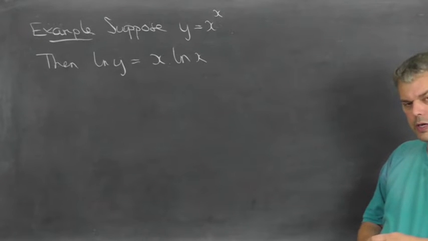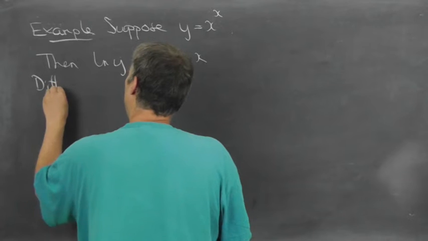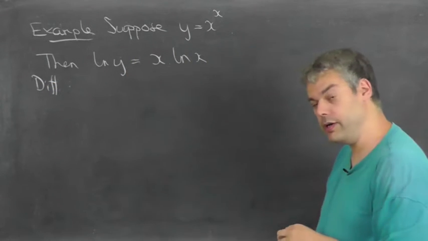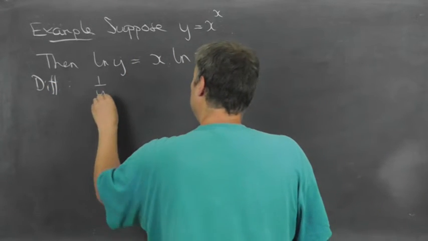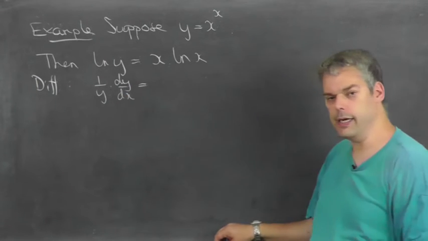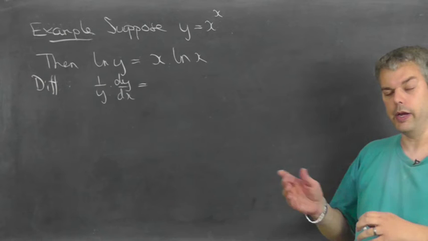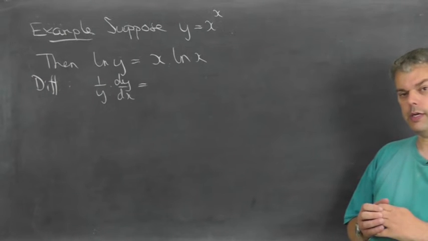And then we can differentiate this. So log y differentiates to 1 over y dy by dx. On the right-hand side, we have a product of x and log x, and we know how to differentiate a product.